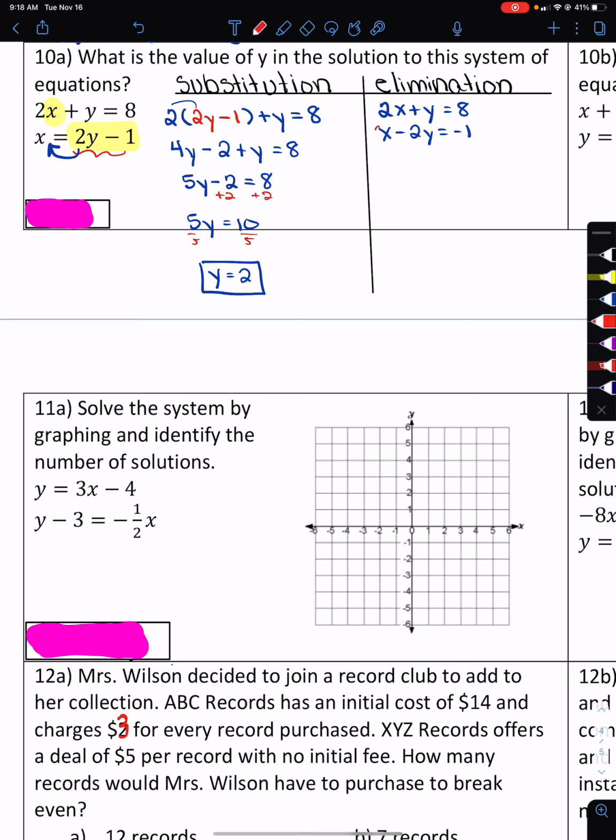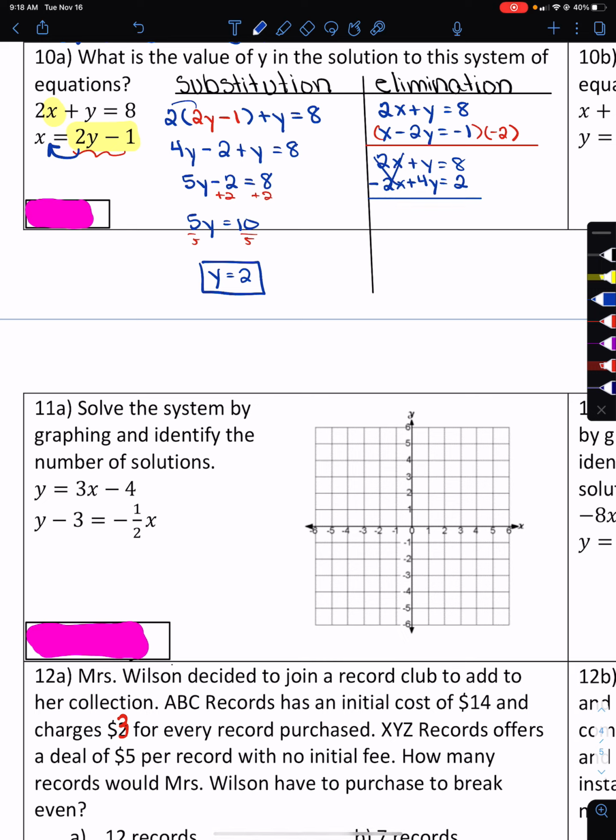I'm going to multiply this second equation times -2 so I can cancel out the x's, since I'm trying to find y. So I will have 2x plus y equals 8, -2x plus 4y equals 2.